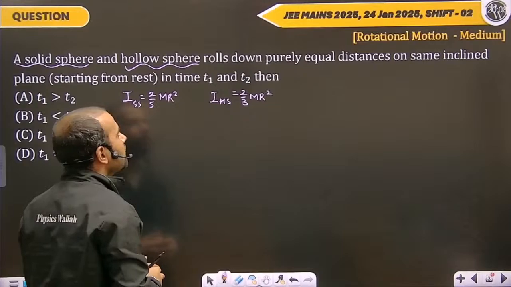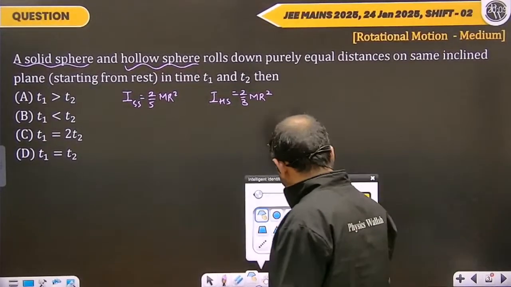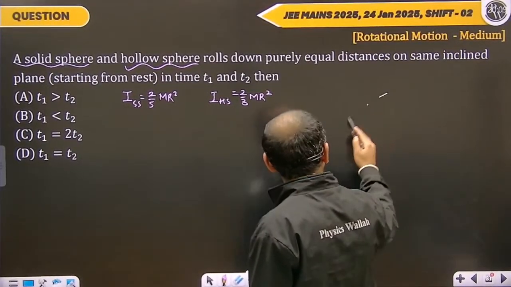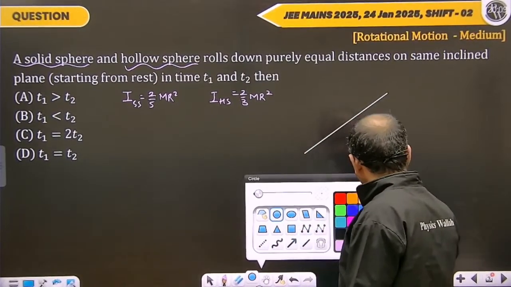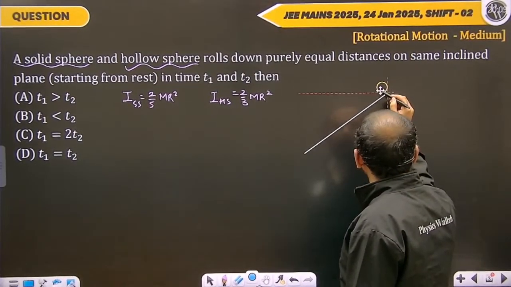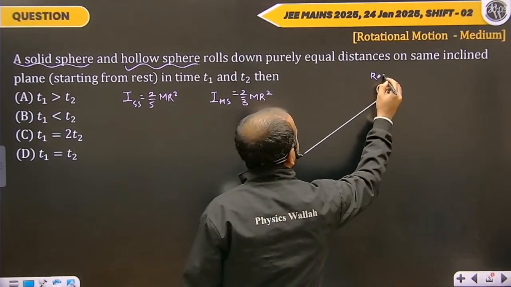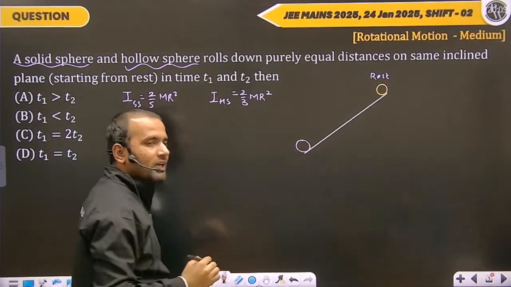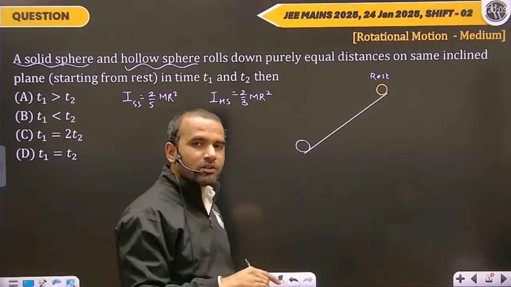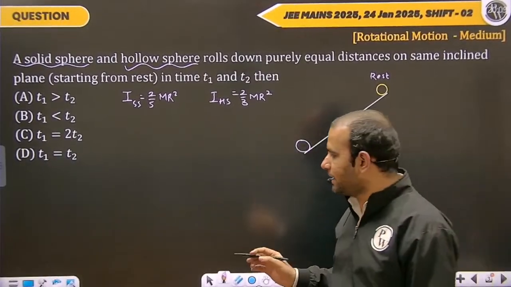So what they have mentioned is that this solid sphere and hollow sphere are rolling down, starting from rest. When it comes down here, it will have both velocities: linear velocity, and at the same time rotational velocity, right?